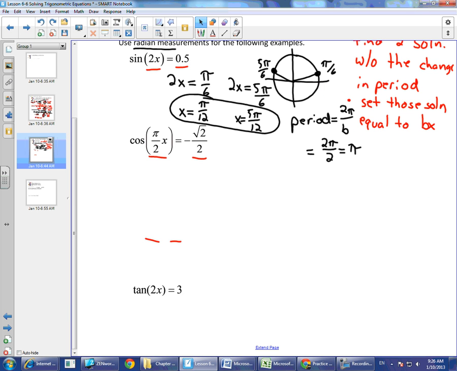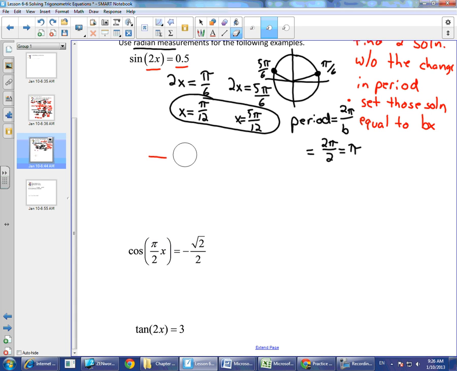Let me give myself a little bit more room here so we're not scrunching everything in. These are my two main solutions, and then to get more solutions, add pi.